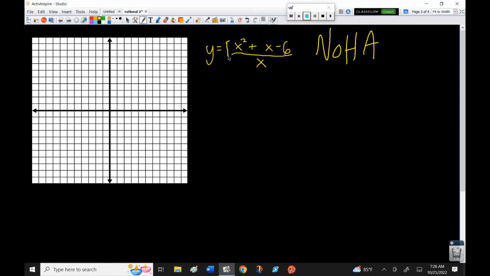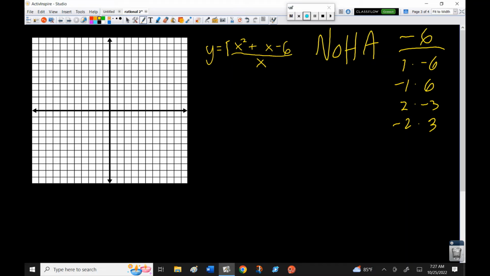Turns out that the factors of -6, because 1 times -6 is going to give us -6, are going to be 1 and -6, -1 and 6, 2 and -3, and -2 and +3. Which of these will give us +1 for the middle?